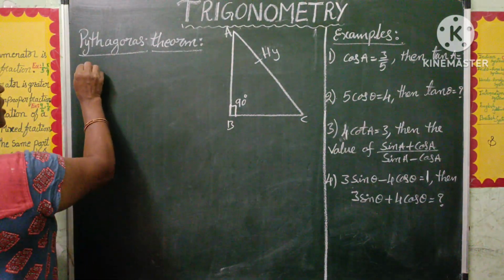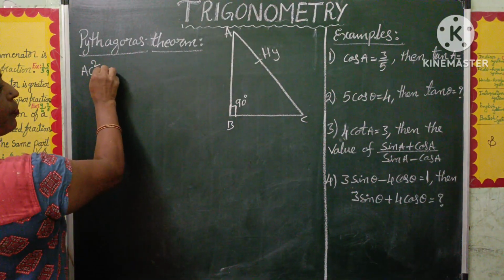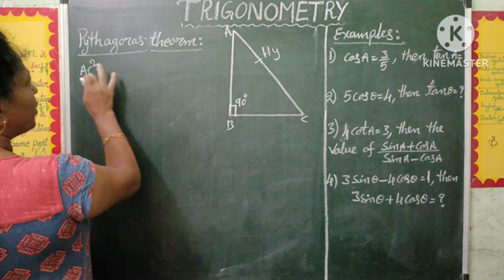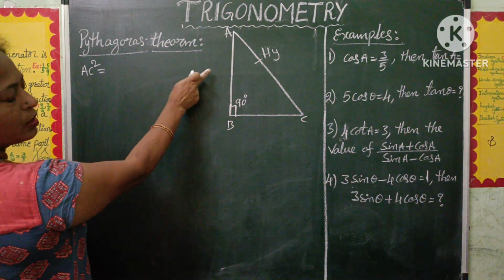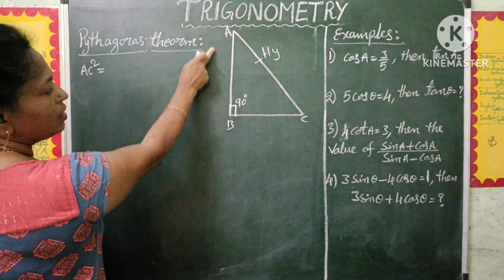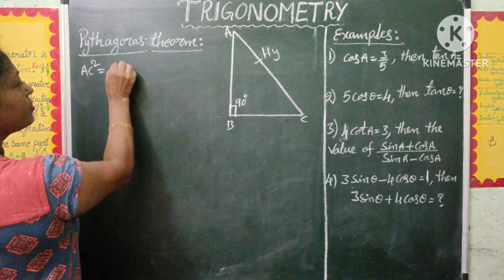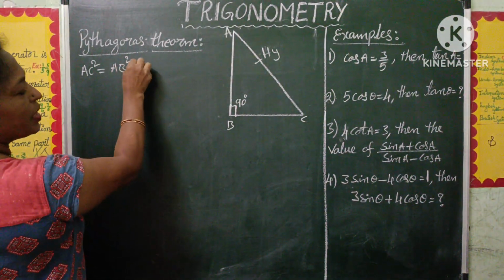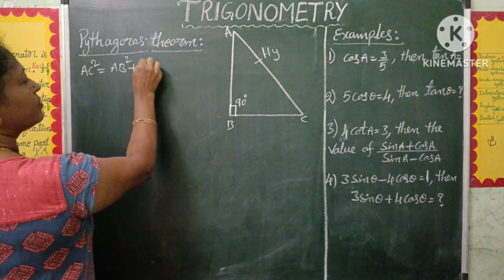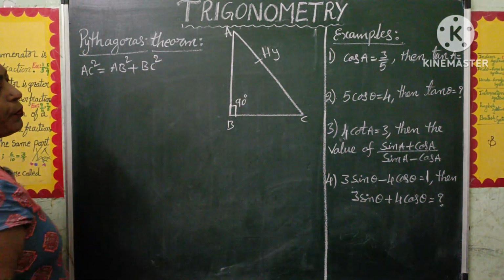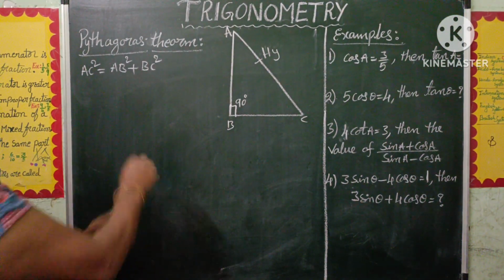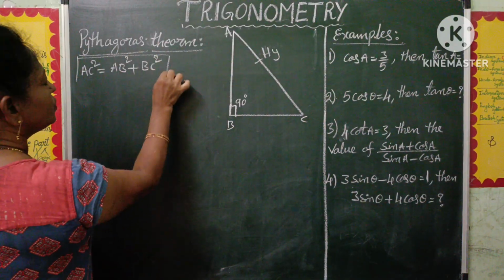So AC square equals AB square plus BC square. This is the Pythagoras theorem we are using.